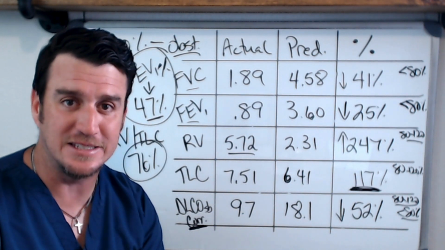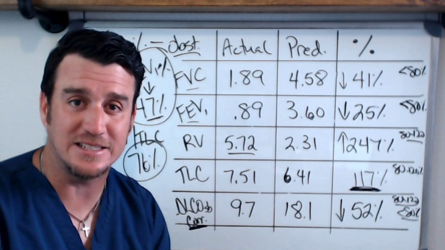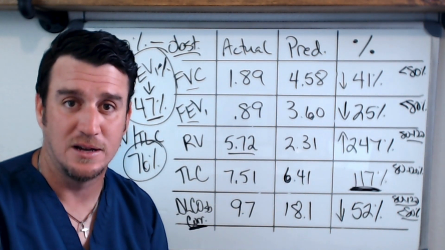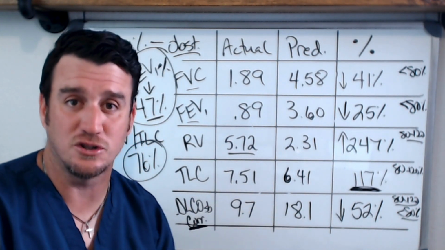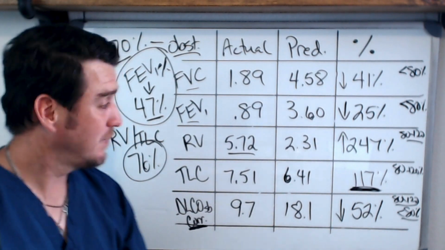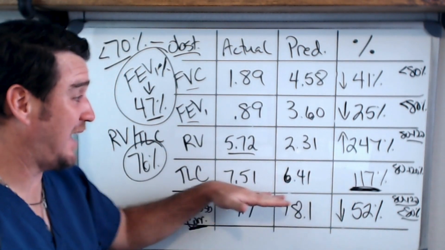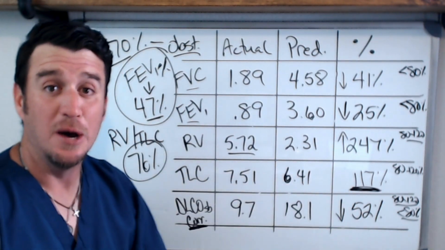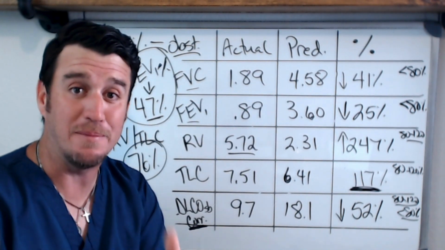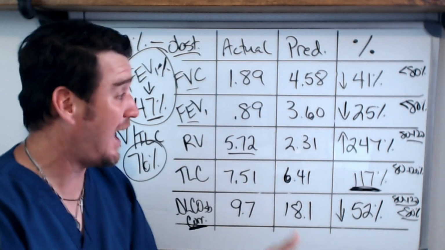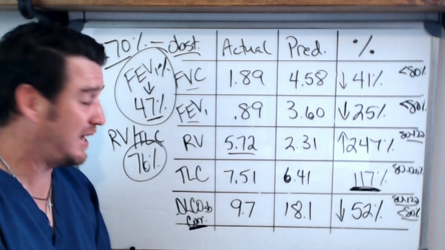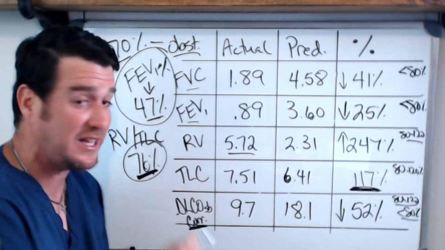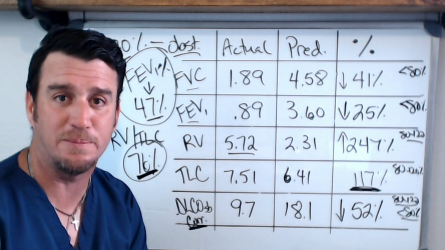So this is an example of a status asthmaticus that is severely, acutely air trapping. Why? Their total lung capacity hasn't risen that much, but their residual volume, the amount of gas that they cannot get out, is massively increased, so much to the point that it makes up 76% of their total lung capacity.